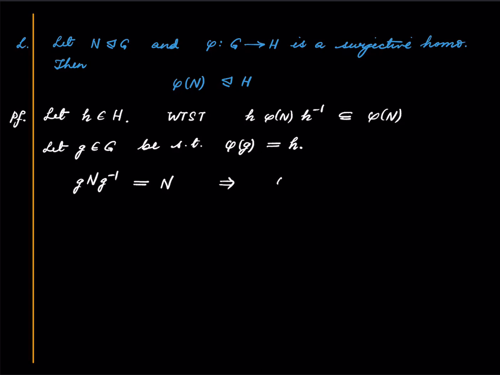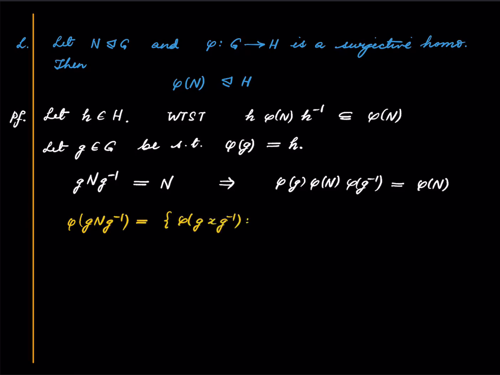This implies phi(g) phi(N) phi(g) inverse equals phi(N). Why is that? Because what I'm saying is that phi of g N g inverse equals, by definition, phi of g x g inverse, x in N, which is equal to phi(g) phi(x) phi(g) inverse, x in N. This is equal to phi(g) phi(N) phi(g) inverse.